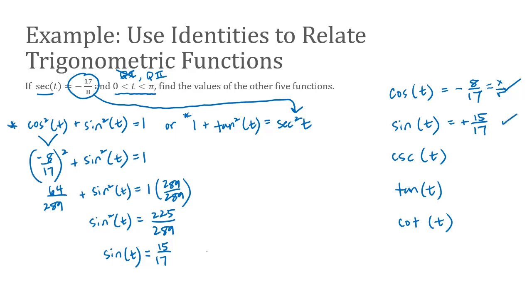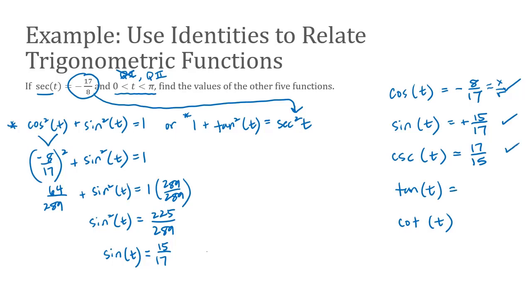So there's two of them. Cosecant. Cosecant of t is the reciprocal of the sine function. Sine was 15 over 17, so cosecant is 17 over 15. Bam, done with that one.